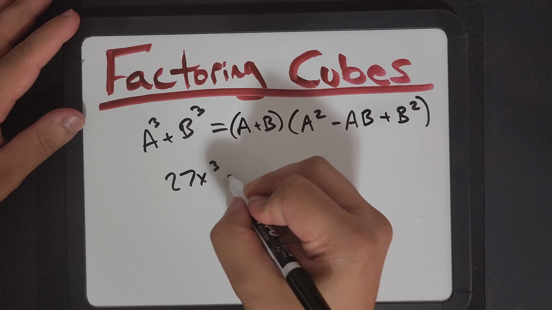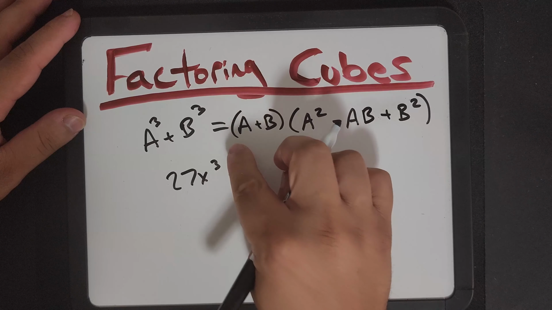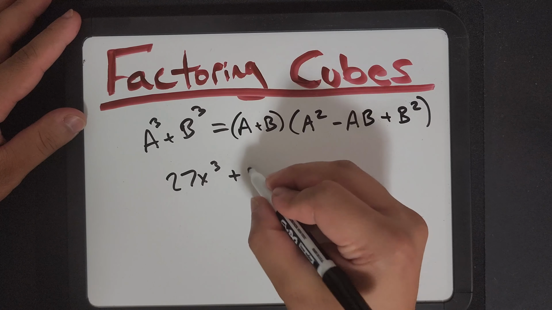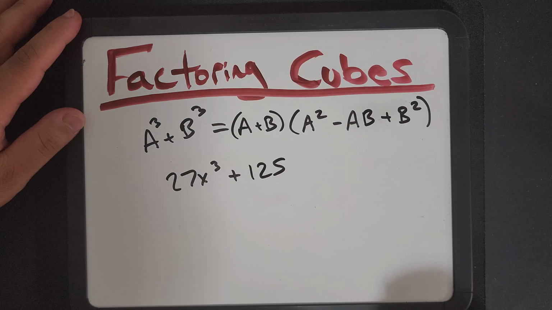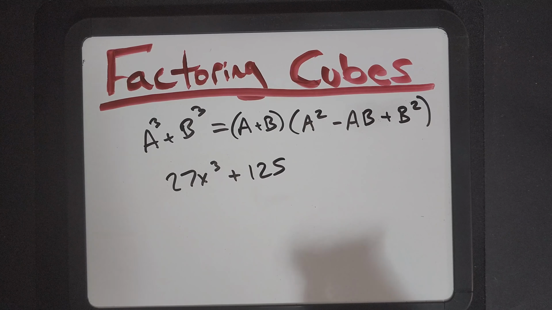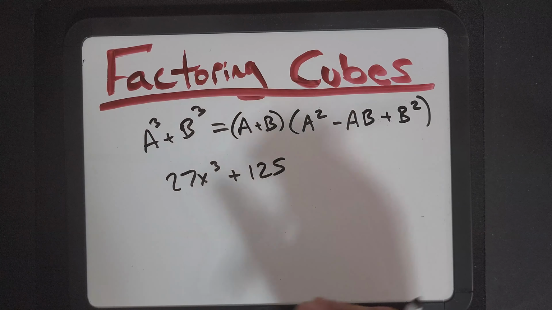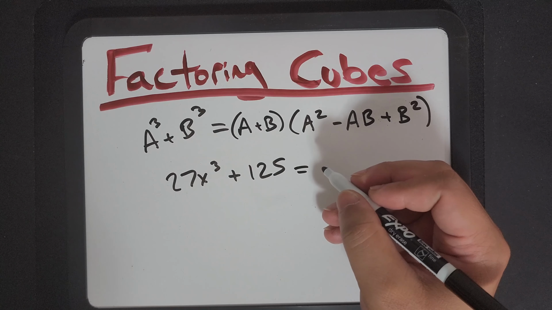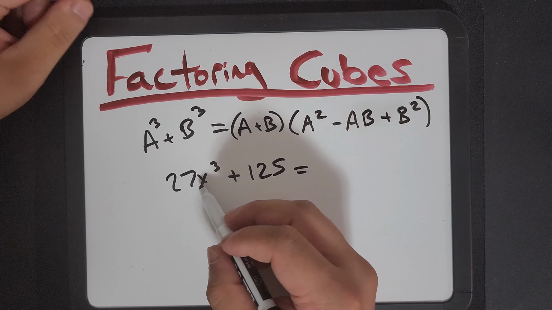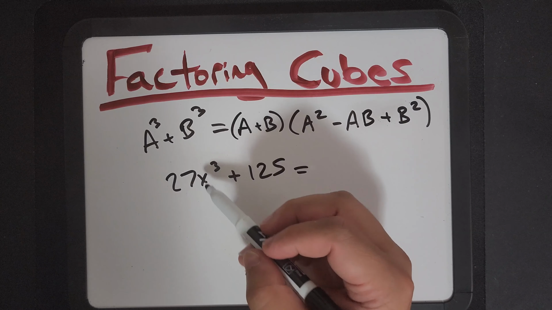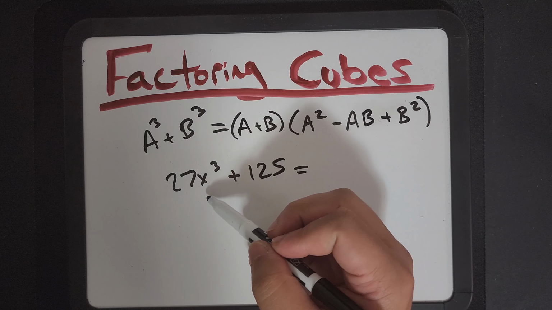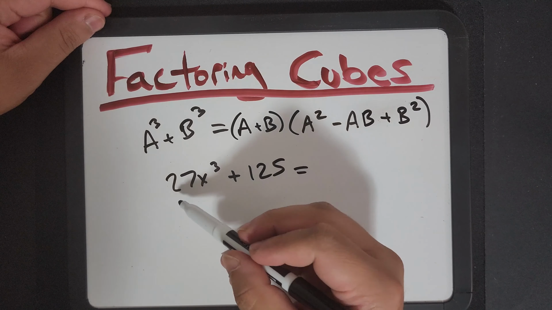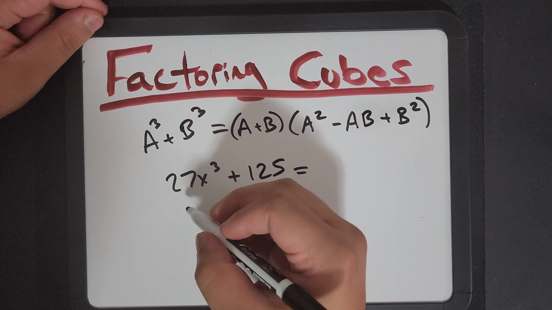27x cubed plus 125. Let's just rewrite that here. We can look at these two terms individually and say that they are cubes of other values.